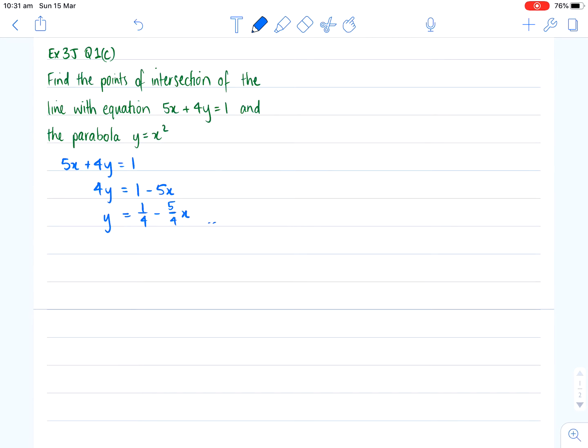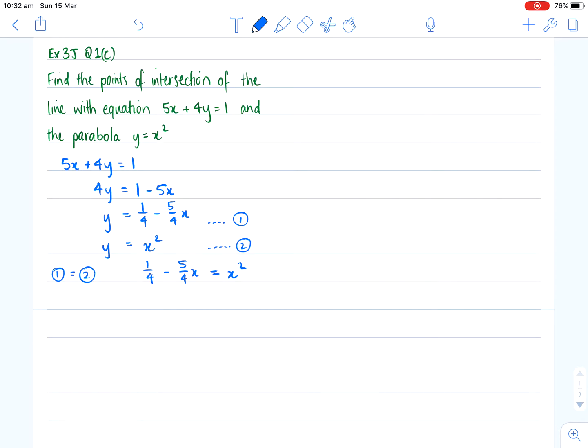Okay, so now I've got my linear equation and my quadratic equation. I'm going to make those two equations equal to each other. So I want equation 1 equal to equation 2, which gives me 1/4 - 5/4 x = x squared.